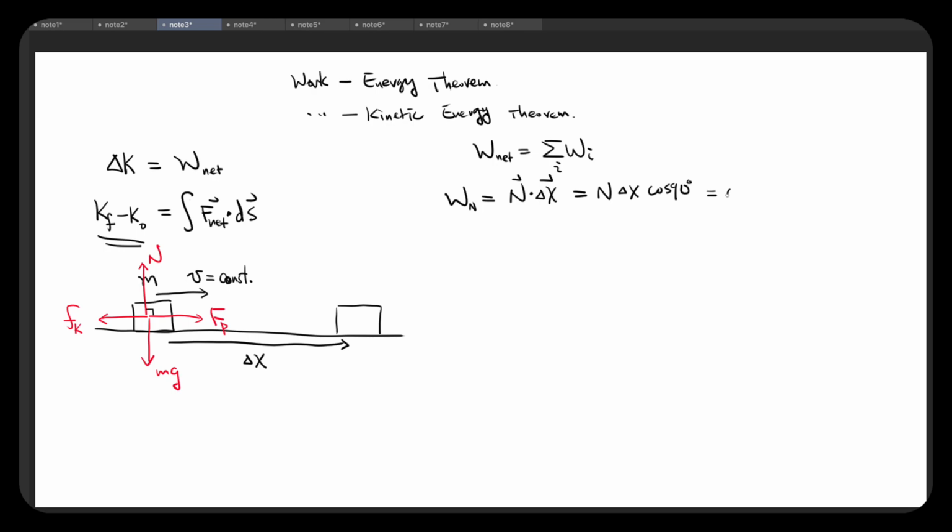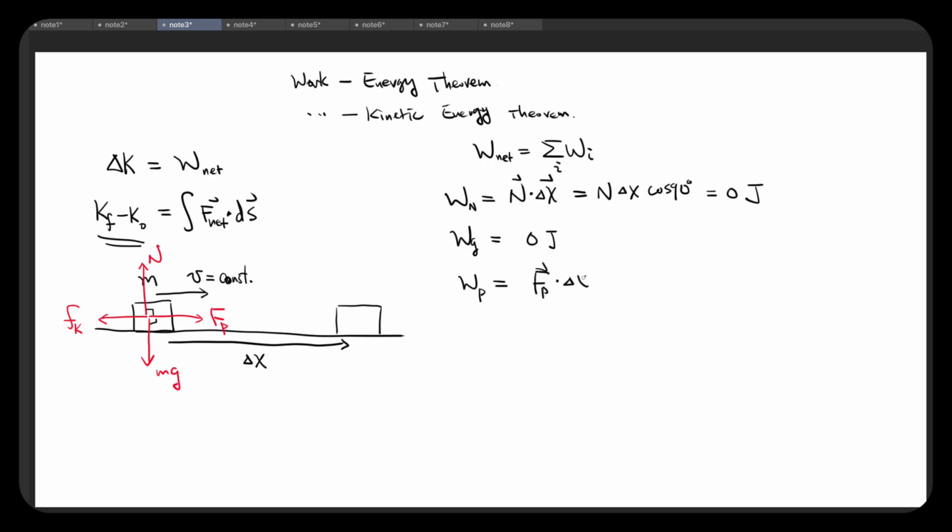So I get 0. The work done by the normal force is 0 joules. And the work done by gravity is similar, because gravity again has a 90-degree angle with delta x. So it's also 0.